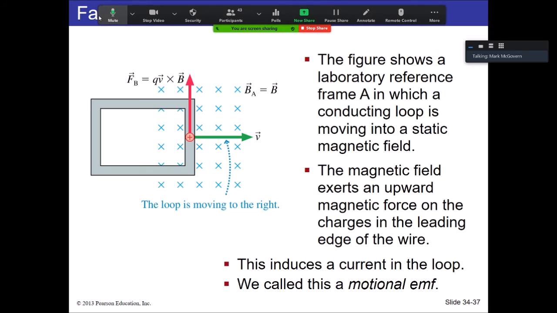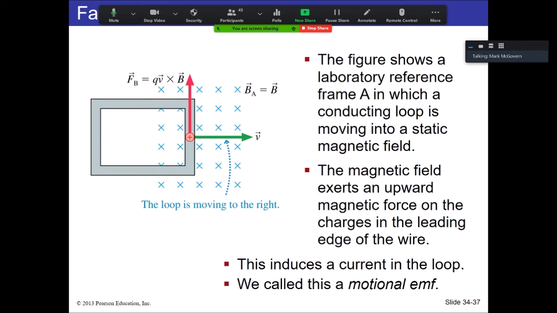So let's go back and revisit some of these laws we developed here, just to remind you, because we want to pull it all together into one thing. In the laboratory reference frame, when we insert this moving loop into the magnetic field, it creates a force that is upward, which we've attributed to the magnetic force.